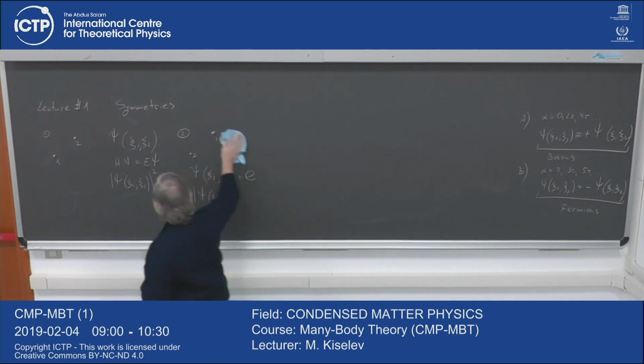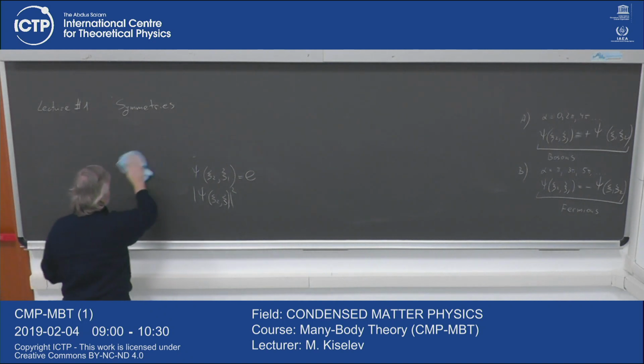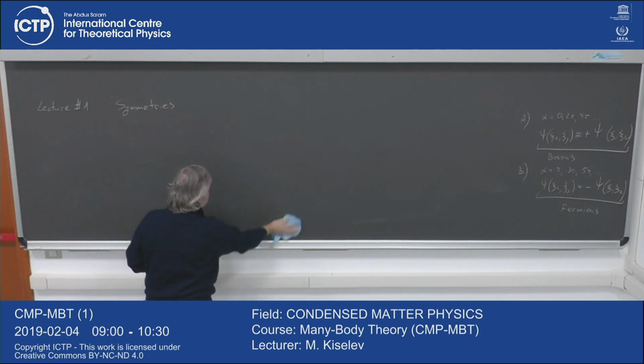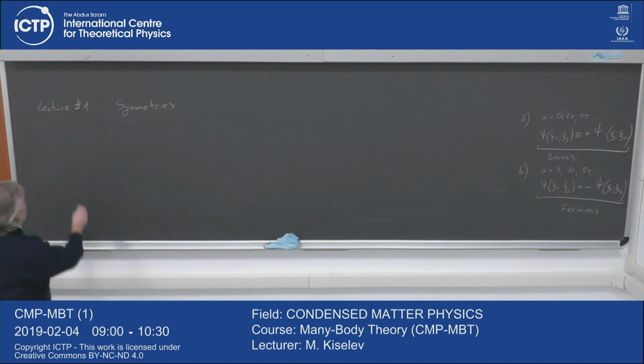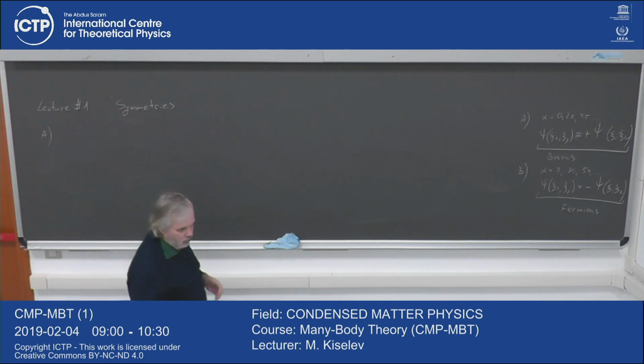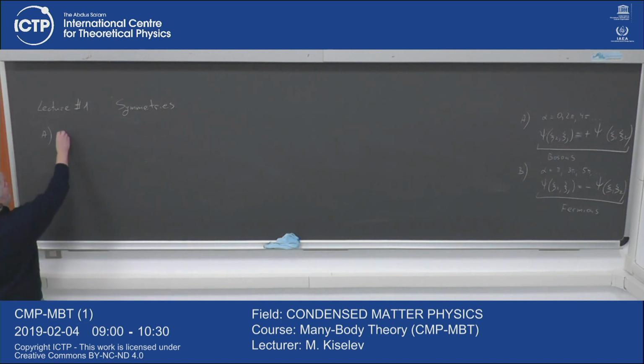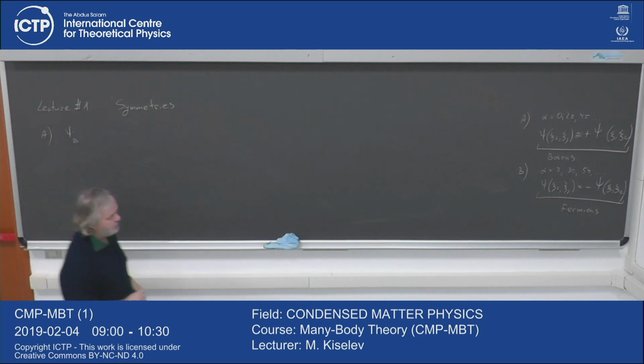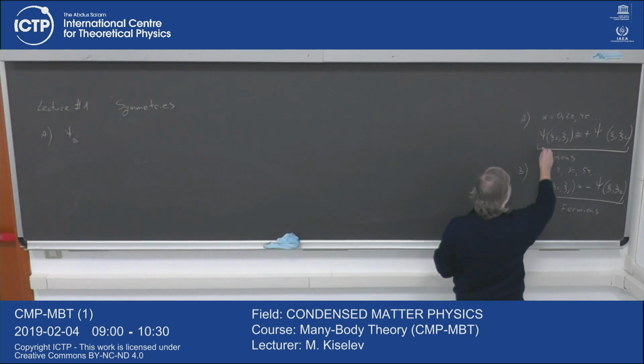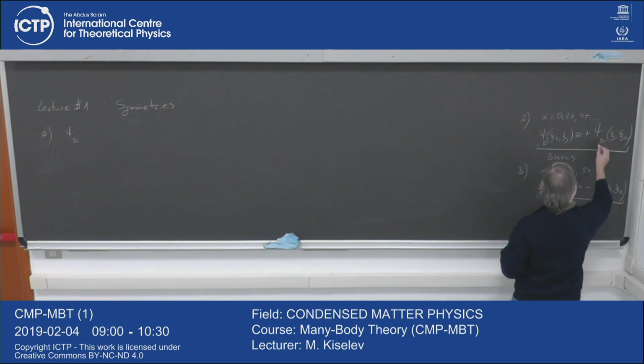For example, for system of bosons where the wave function is symmetric, I will continue here, we can clearly see that if two sets of quantum numbers, coordinates, well, momenta, whatever, spins are the same, namely if we consider the wave function, and now I will put index B also here, B will denote bosons and F will denote fermions.